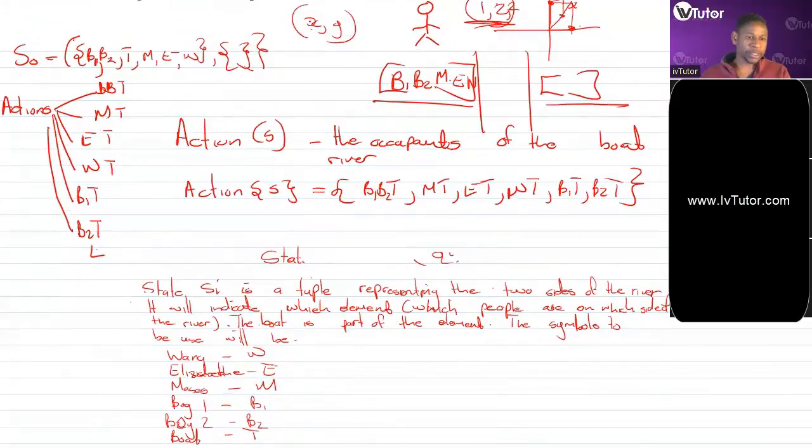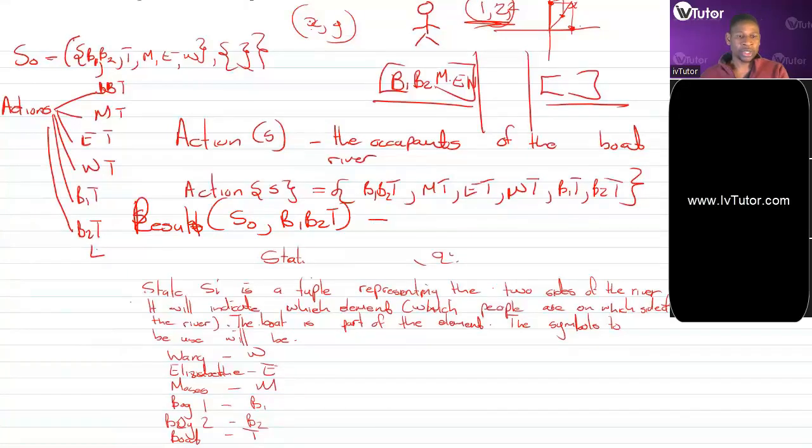So for example, if we are in S naught and you apply a particular action, say B1, B2T, you're going to end up in S1, which is going to be equal to W, E, M, B1, B2, T.